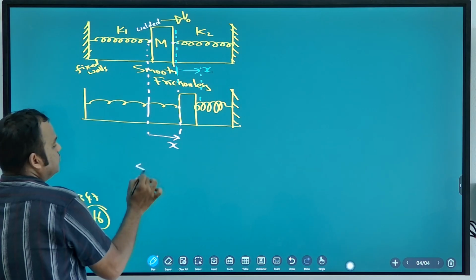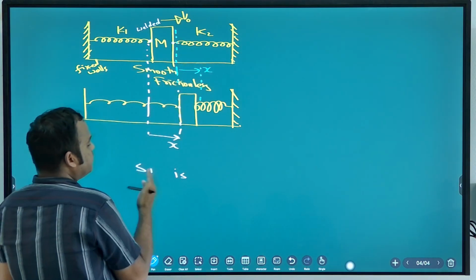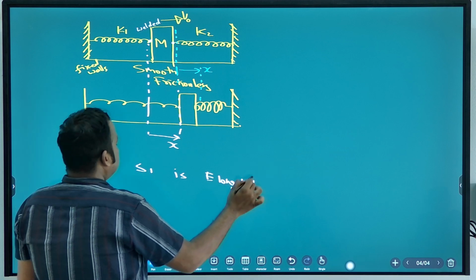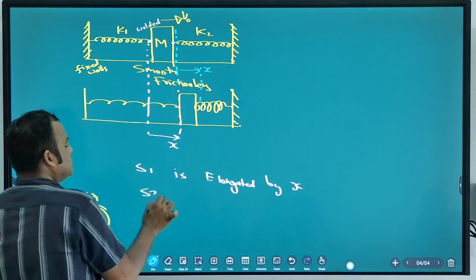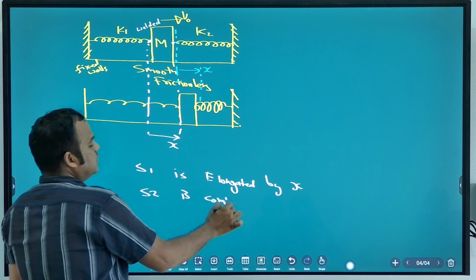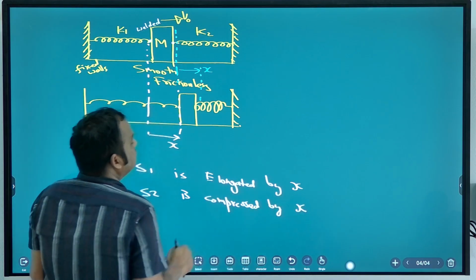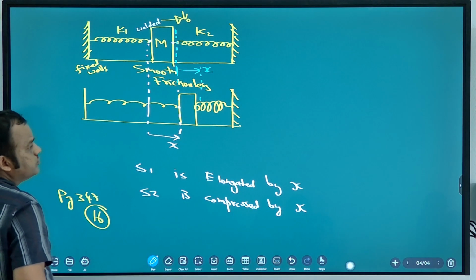Note down. Spring 1 is elongated by x and spring 2 is compressed by x. Now, at maximum compression, what is the final kinetic energy?